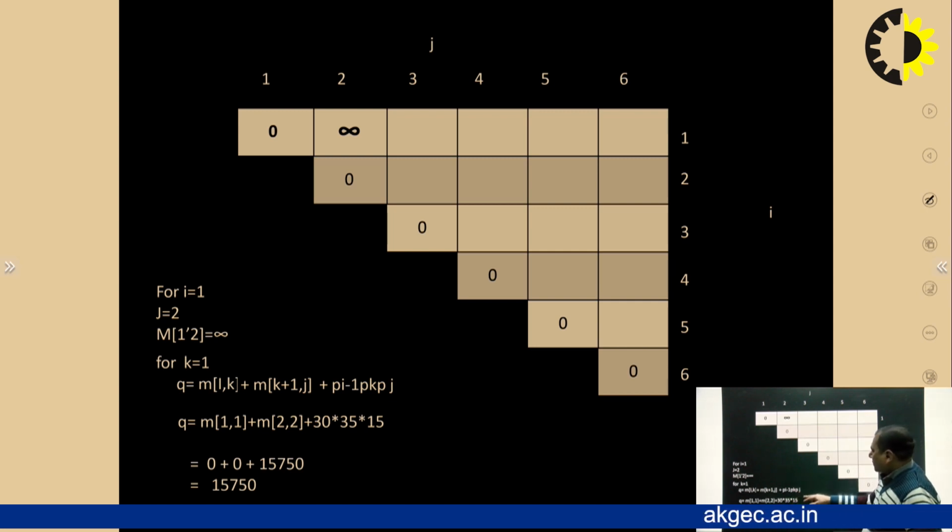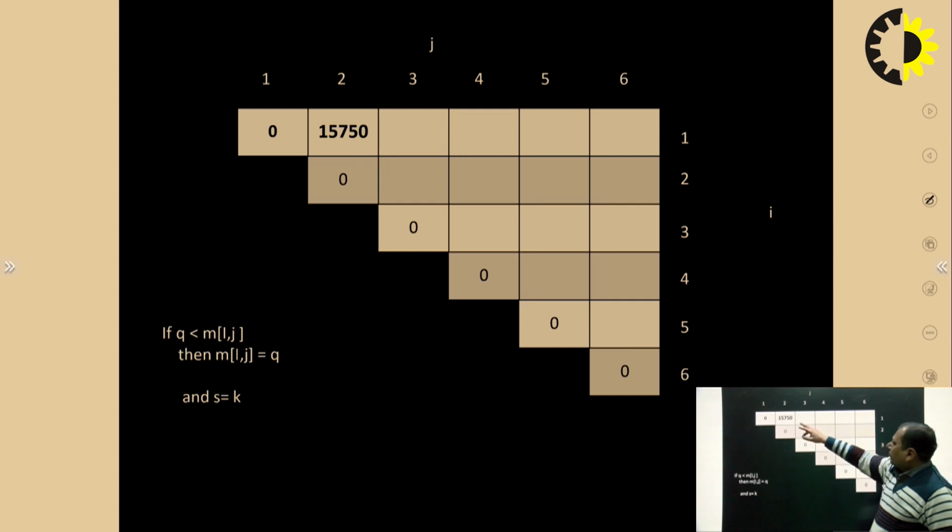And p2 is, that is j value 2 here, so it is 15. So when we multiply this value, it will become 15,750. Okay, so the value of m1 comma 2 is 15,750.